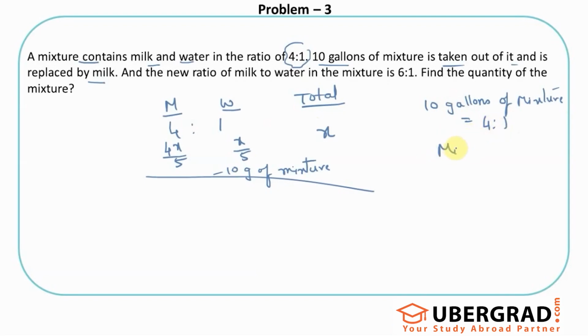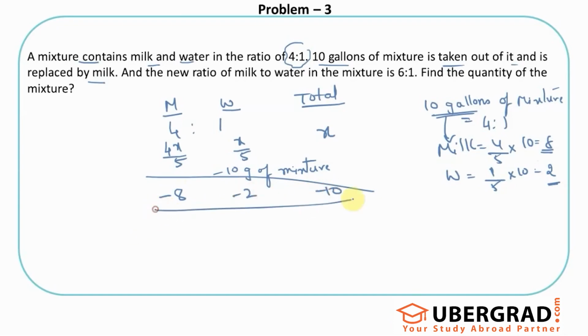So milk must be 4 by 5 into 10, that is 8 gallons, and water will be 1 by 5 into 10, 2 gallons. So 10 gallons of mixture contains 8 gallons of milk and 2 gallons of water. So I have to remove 8 gallons of milk, 2 gallons of water, totally 10. So that will give me 4x by 5 minus 8, x by 5 minus 2, x minus 10.